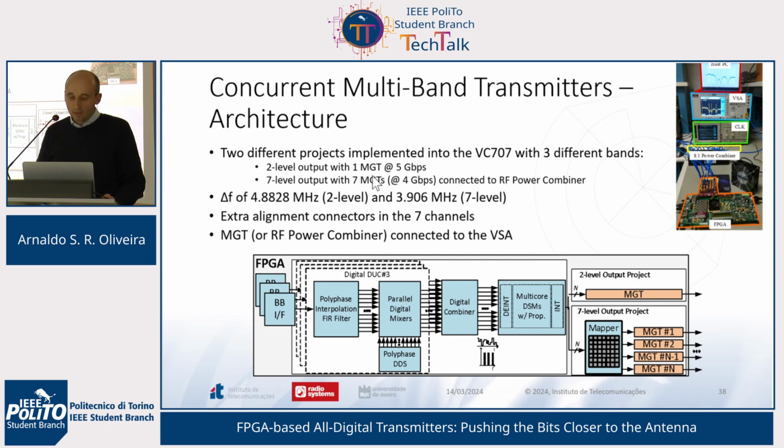So this is again the block diagram of our setup. What they have in common is that they all consist of a baseband, a polyphase representation of my signal, polyphase up conversion, and also the polyphase delta sigma. What really varies is the type of delta sigma, how we play with zeros, with poles, how we then apply the output to the MGTs.